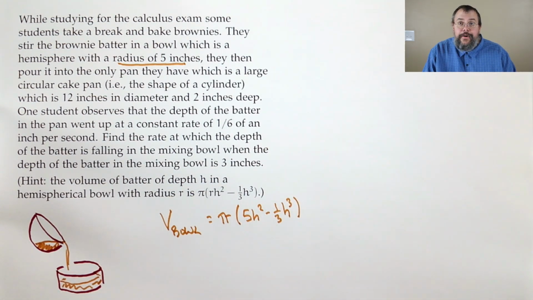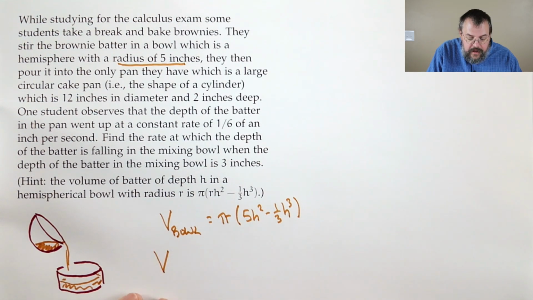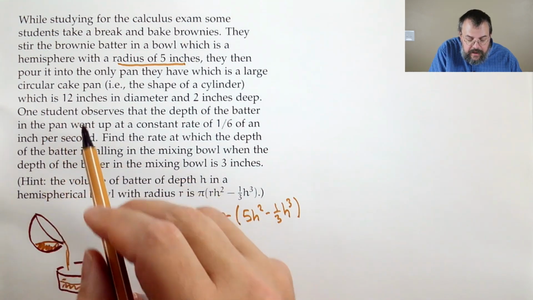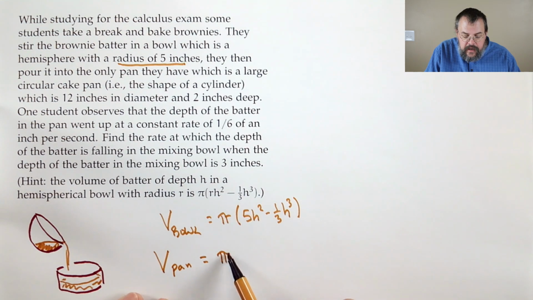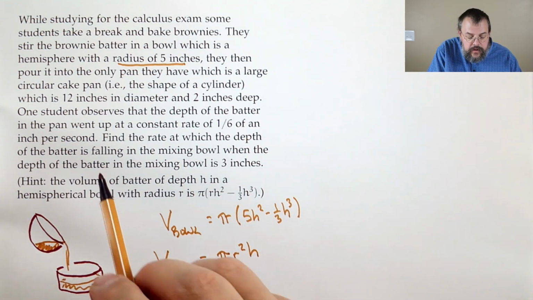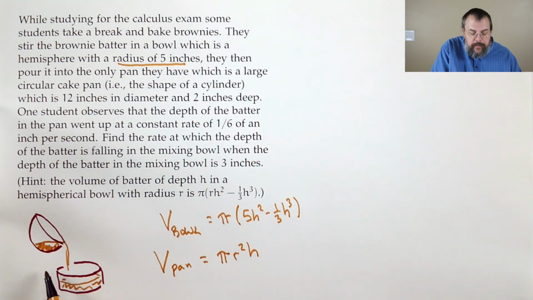Okay, now, what else do we have? Well, we also have the volume of the pan, the circular cake pan. And how do you find the volume of that? Well, that's going to be pi r squared h. Now, the circular cake pan is 12 inches in diameter.